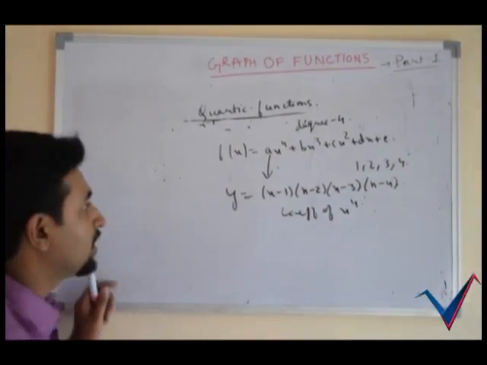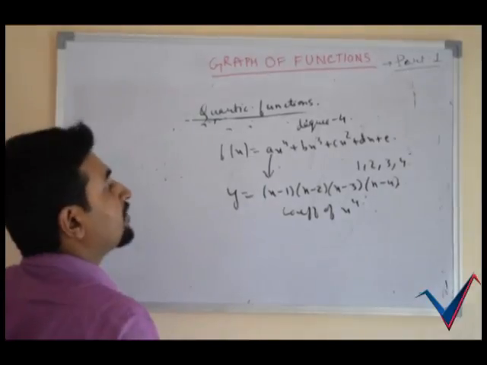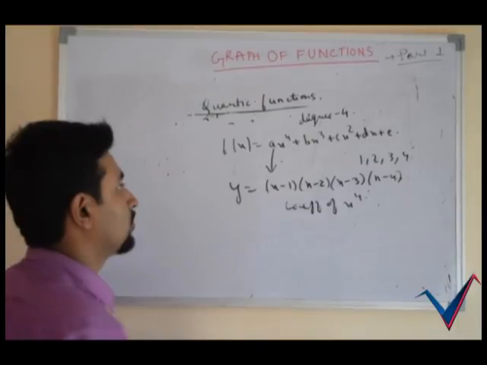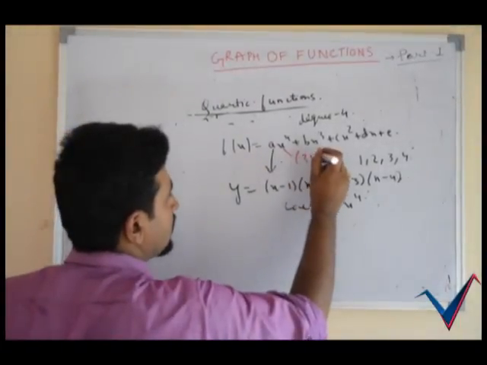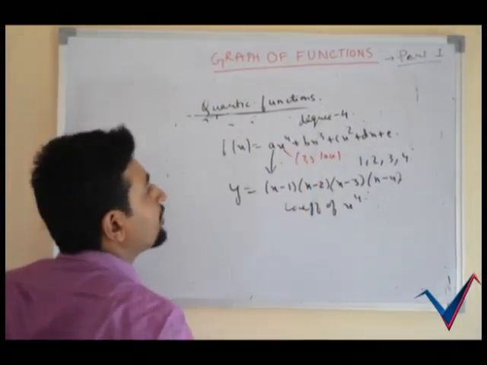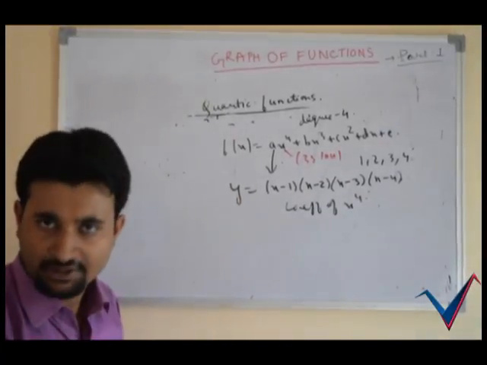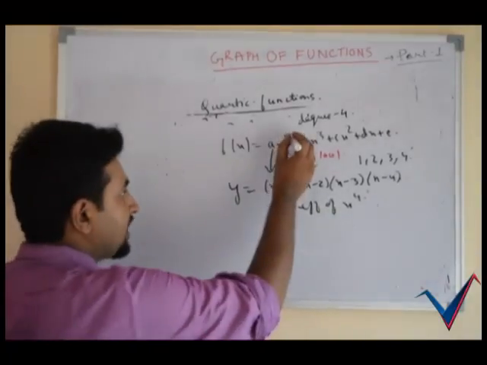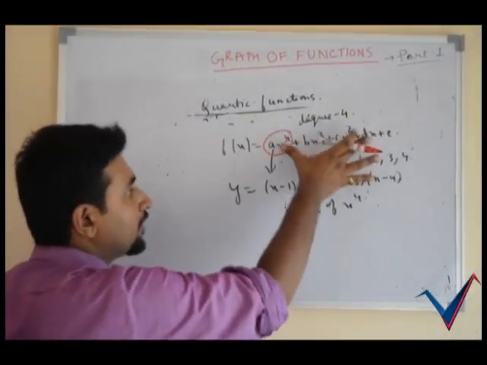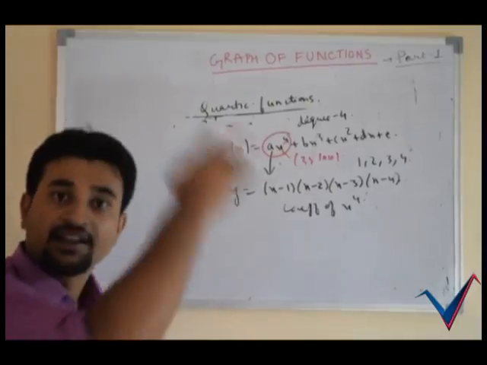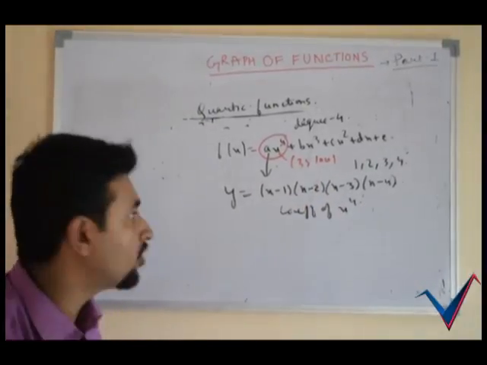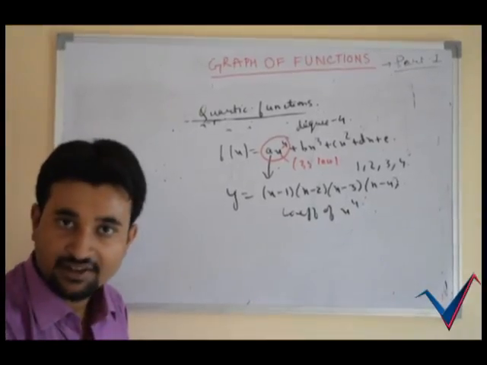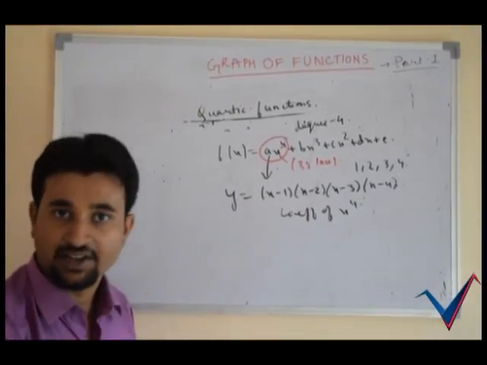In this form also, suppose you take a very large number like x equal to 35 lakhs. Then 35 to the power 4 will be much greater than 35 to the power 3, and even the addition of all these, because the power here is the highest. So what will be the sign of the function at a very large number? That will totally depend on the value of x to the power 4. If the sign of x to the power 4 is negative, then the whole function will have a negative value at a large number.